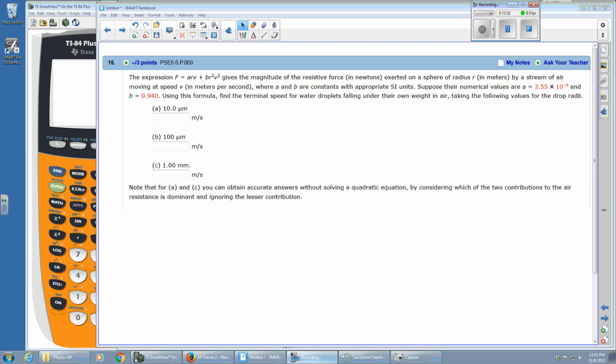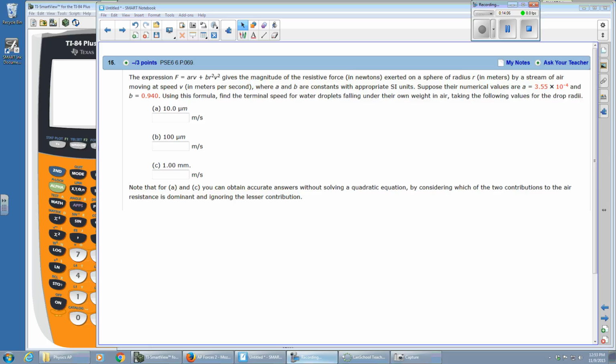Suppose that their numerical values are this for A and this for B. Using this formula, find the terminal speed of water droplets falling under their own weight in air, taking the following values for the drop radii: 10 micrometers, 100 micrometers, 1 millimeter. Note that for A and C, you can obtain accurate answers without solving a quadratic equation by considering which of the two contributions to the air resistance is dominant, ignoring the lesser contribution. Or you can just use your calculator to do that.